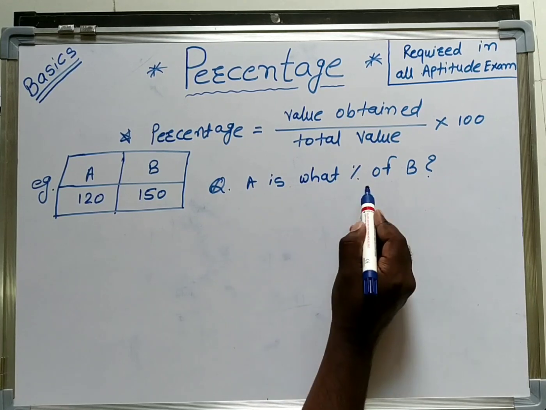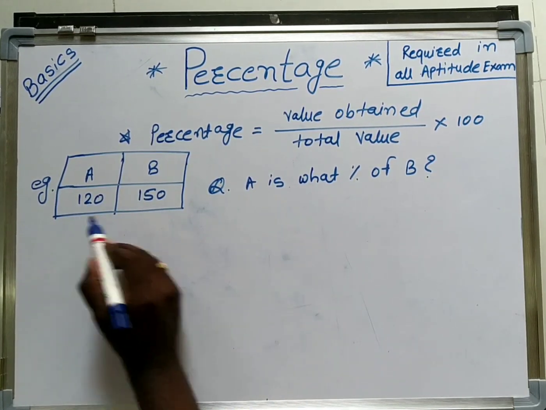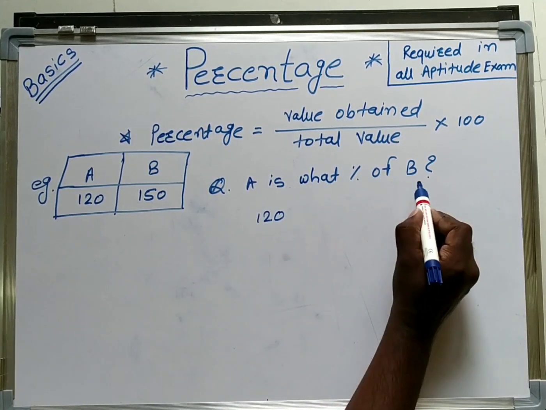What is A? That is 120. What percent of B?